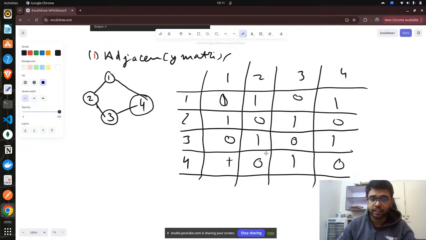If we have this matrix, then we can design this graph.